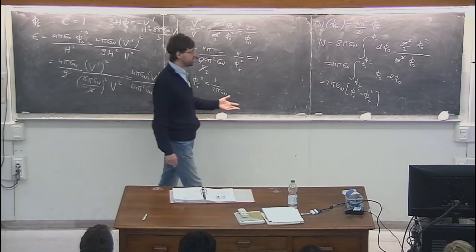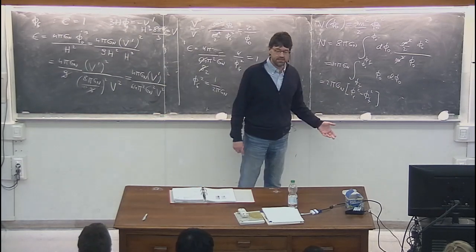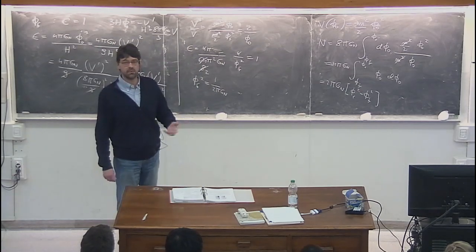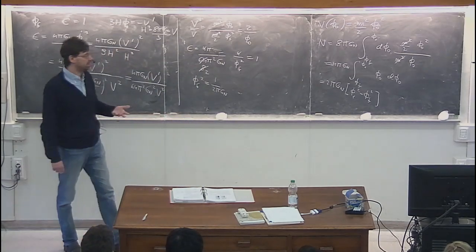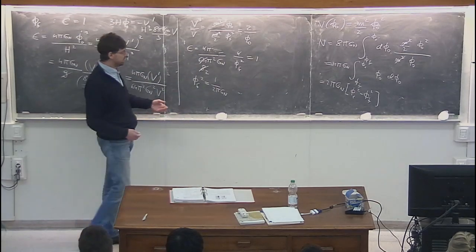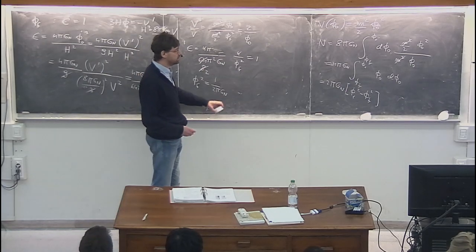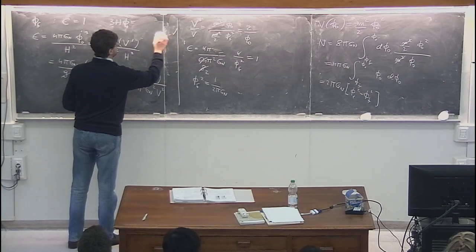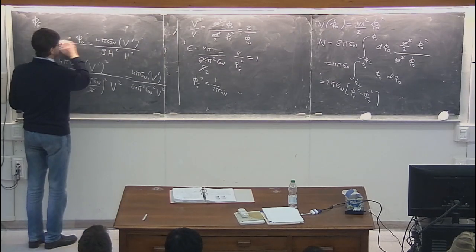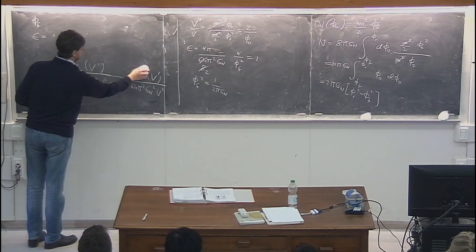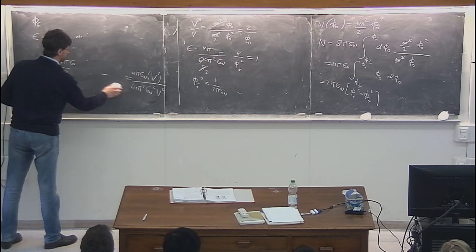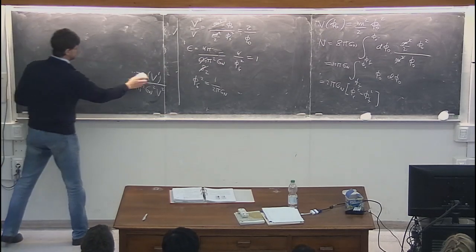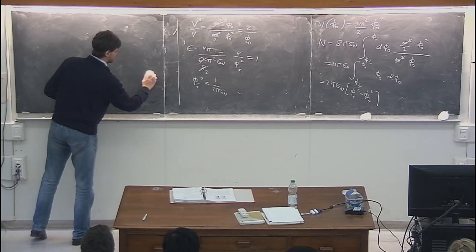What is phi initial? Well, for phi initial, we don't have the same logic to follow. We cannot compute it. We can just assume or give a reasonable assumption of what it is. So let's make a simple assumption, because this is what was written at the beginning by Linde, who was the proponent of this kind of class of models.